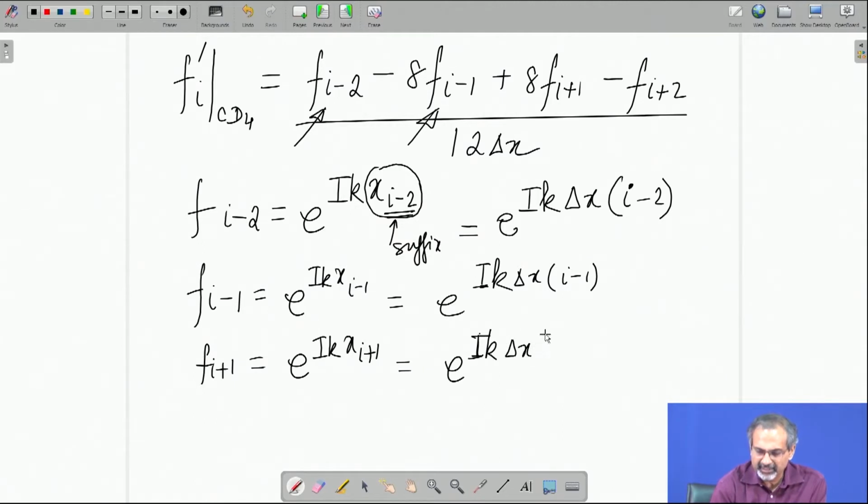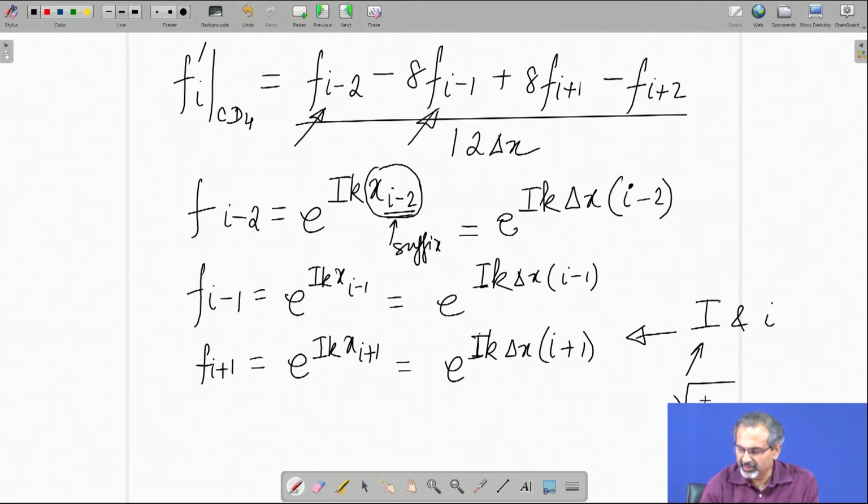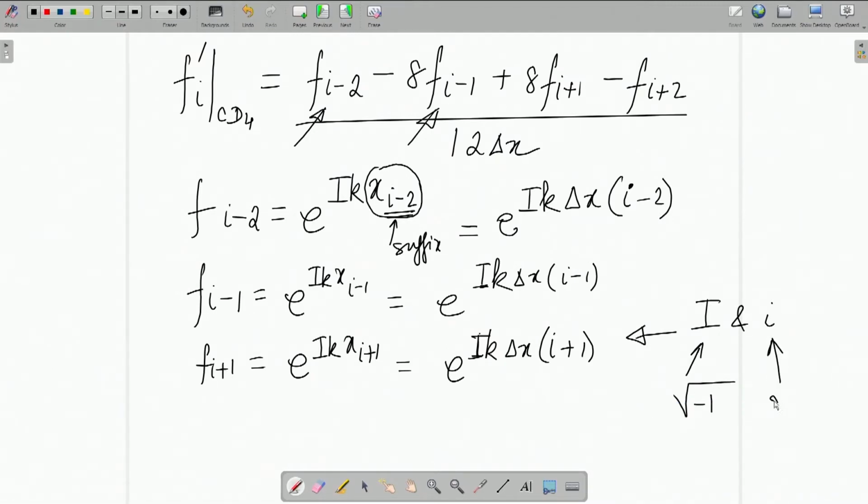You have to be a little careful with the use of capital I and small I. So, just to recall, capital I stands for square root of minus 1, and small i is the grid index. So, we need one more expression, that of f I plus 2.